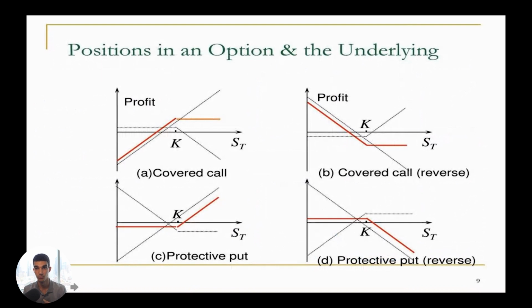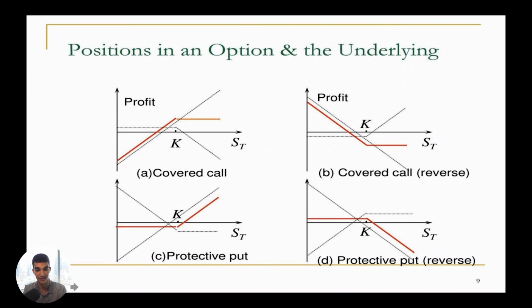So to show you a little bit more intuitively and visually how that works, let's consider these four types of option strategies. So first one, the covered call. Like we showed before, covered call is essentially a long position in the underlying, which is shown in this line here.